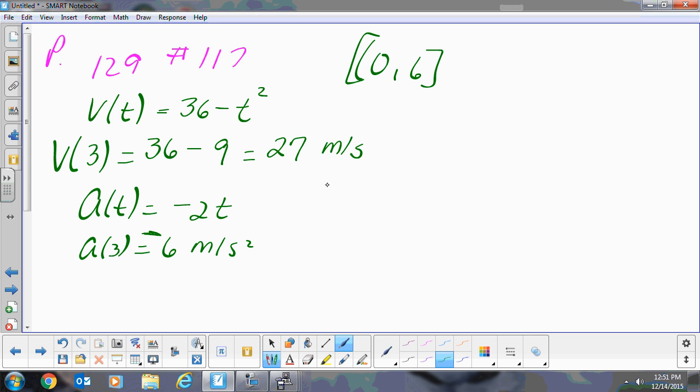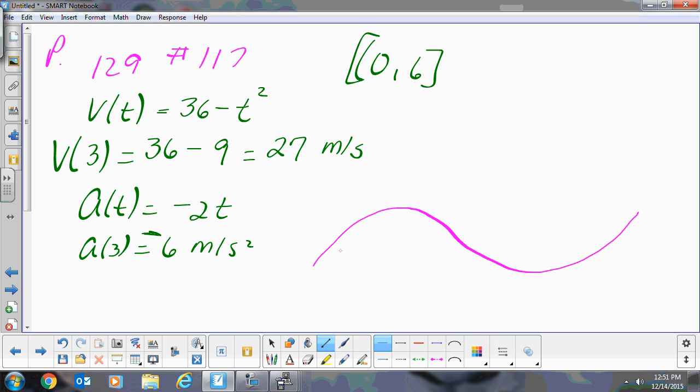All right. Now it says, what can be said about the speed of the object when the acceleration and velocity have opposite signs? We've never talked about this. What do you know? Velocity and acceleration have opposite signs. Okay, let's say this is my, what do I want to call this? Position curve. Do you agree that the slope is positive, correct?